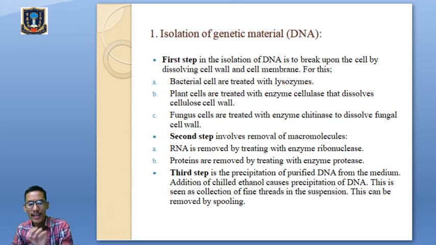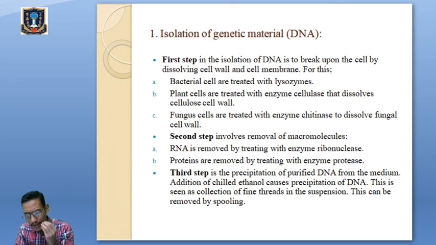So protease will digest the protein. So in this way, RNA and protein will be removed from the DNA. And other macromolecules have to be removed by treating with the appropriate processes. Clear? So now DNA will be free from macromolecules.